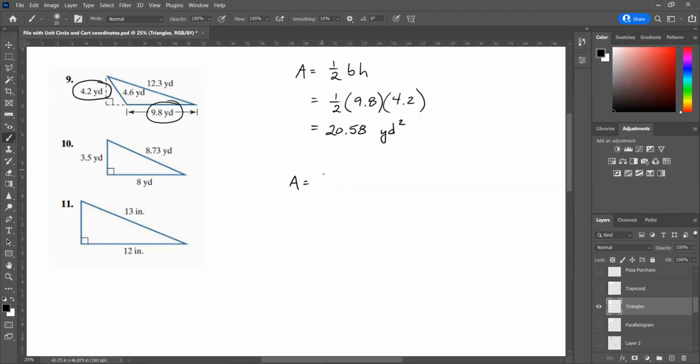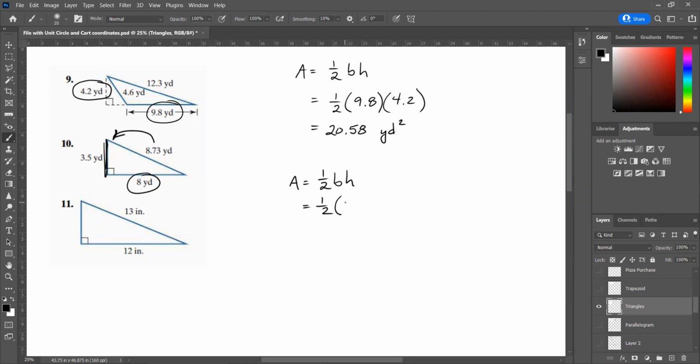For number 10, again, area is 1/2 base times height. The base would be the 8, or it could be the 3.5 actually. If this triangle were to rotate 90 degrees counterclockwise and sit on that edge, we could call the 3.5 the base and the 8 the height. It doesn't matter.